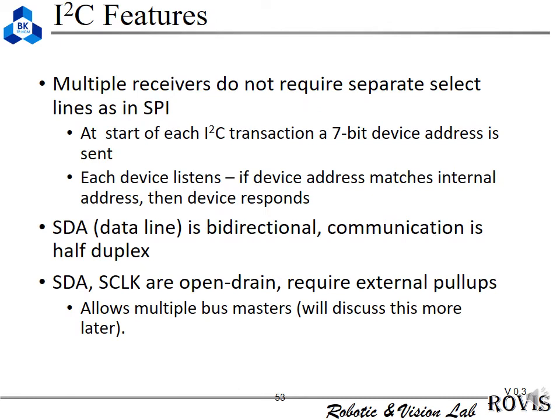In the I2C feature, we work with something called master and slave. Because it can transmit to multiple slaves, each slave must have an address, and the address is 7 bits.